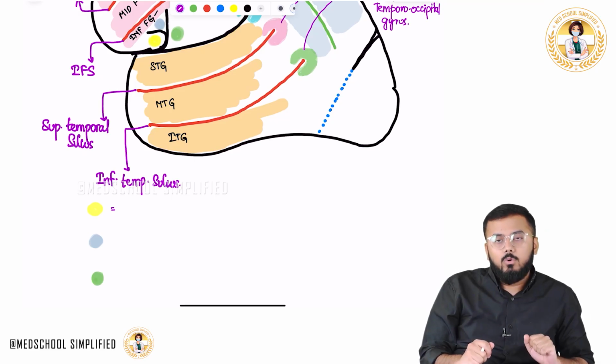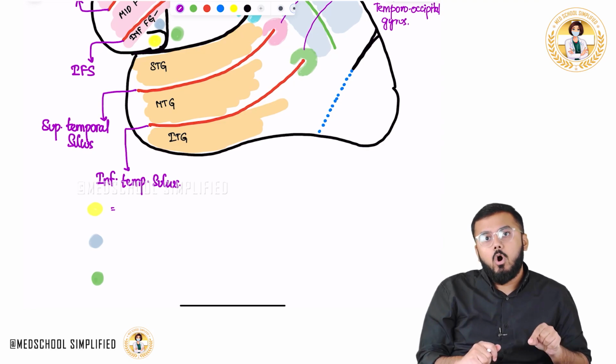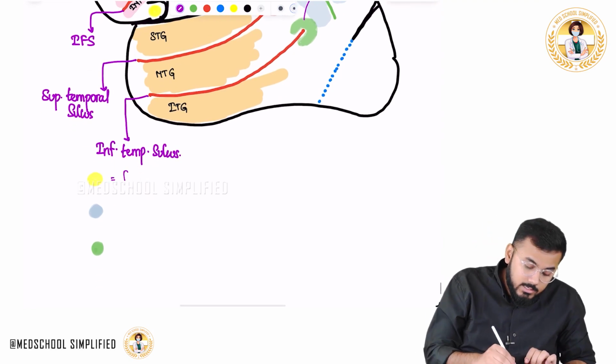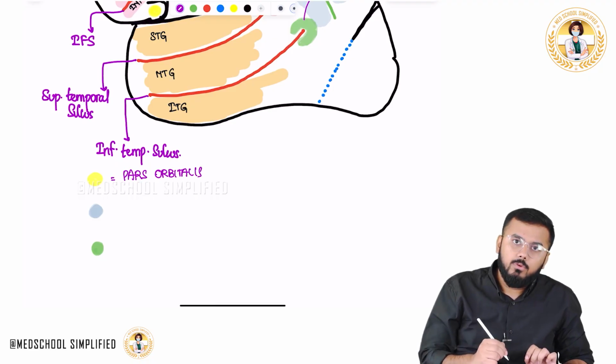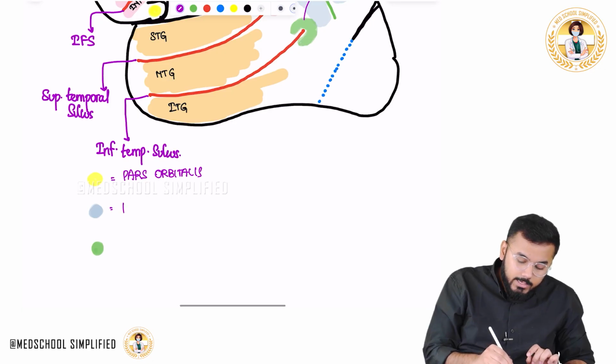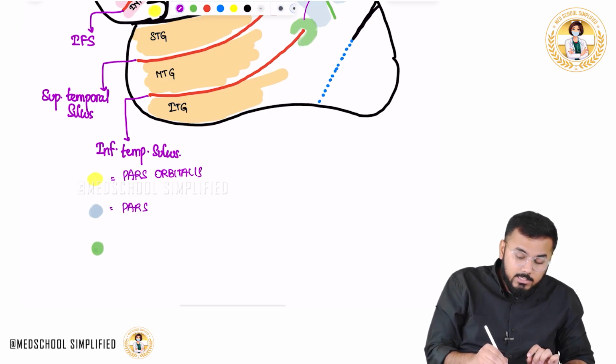This yellow color one over here is called pars orbitalis. Next important thing is called pars triangularis.